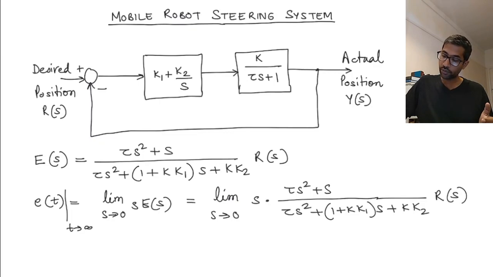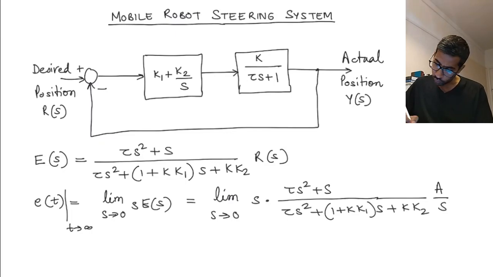Now let's say we want to find out the steady state error when the input is a step input. So we replace R(s) by A over s, and then we take the limit.